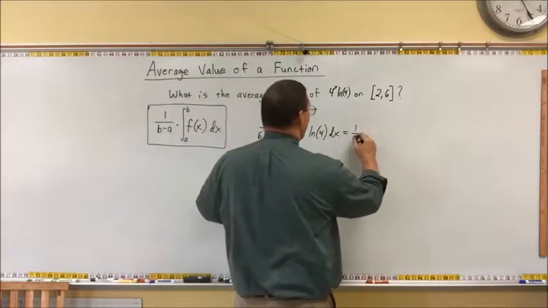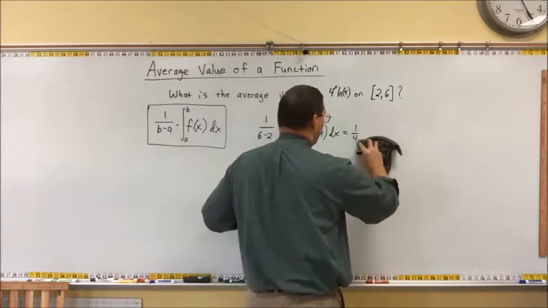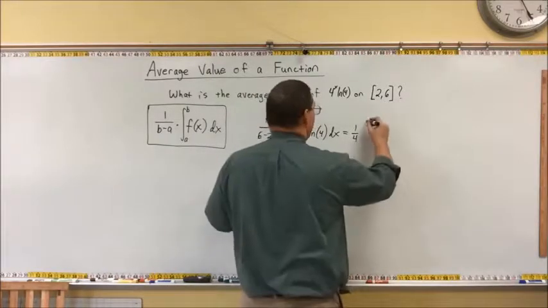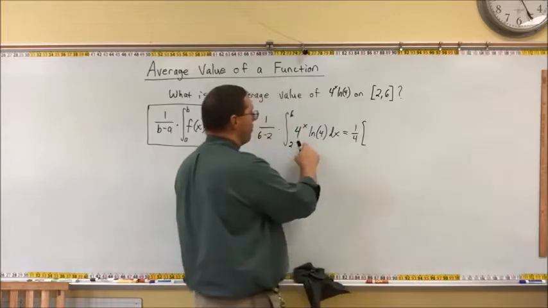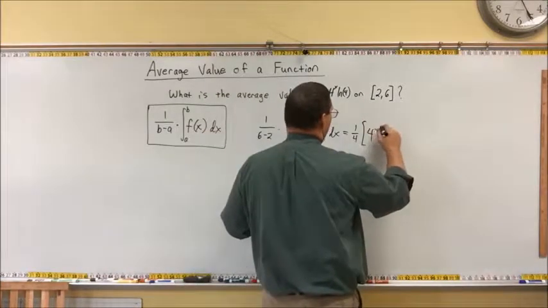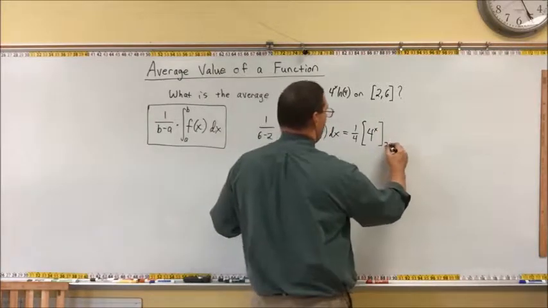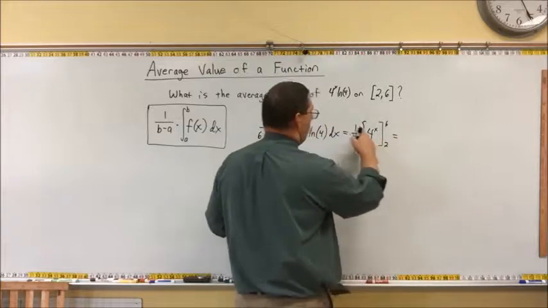So it's going to be 1/4 times, oops, I want to make that a bracket. Sorry. Let's make it a bracket. The antiderivative of 4 to the x power times the natural log of 4 is 4 to the x power from 2 up to 6.